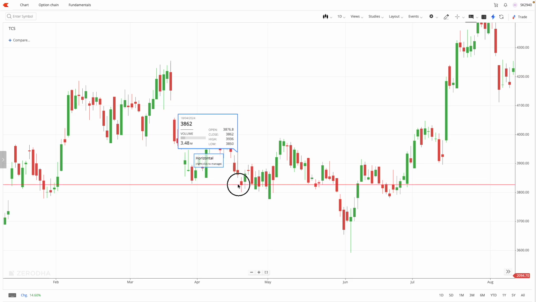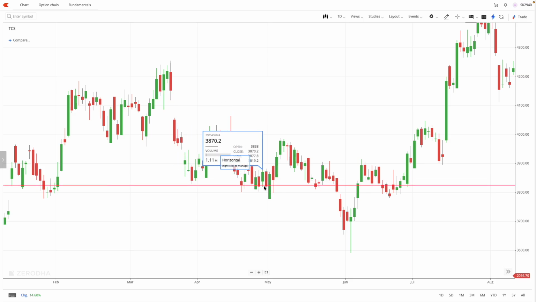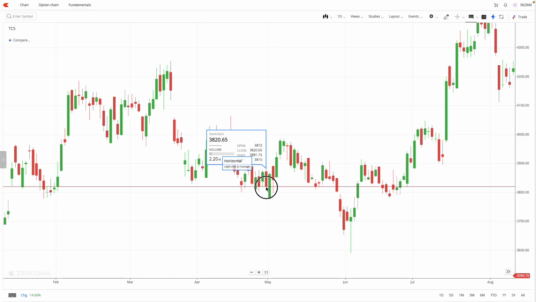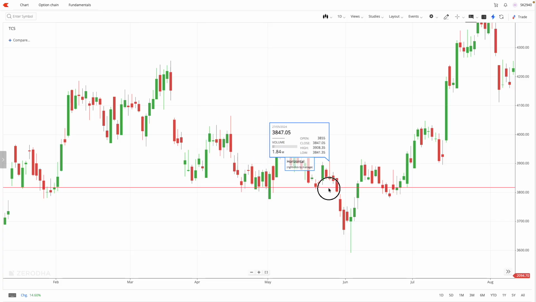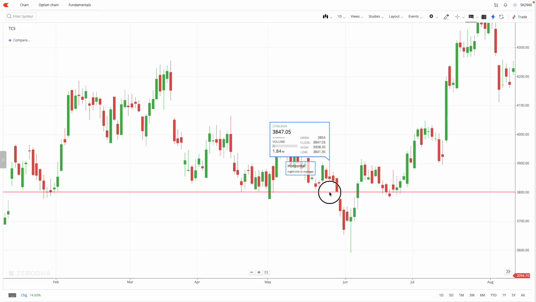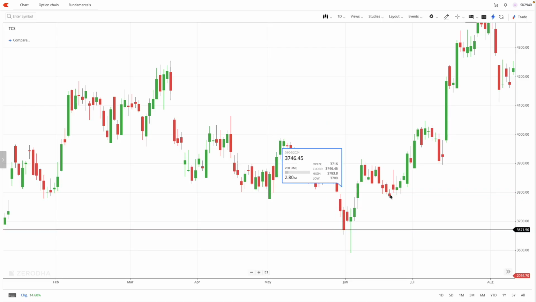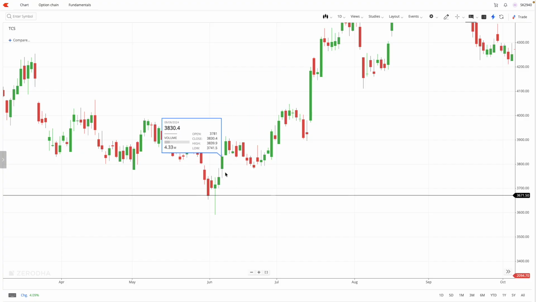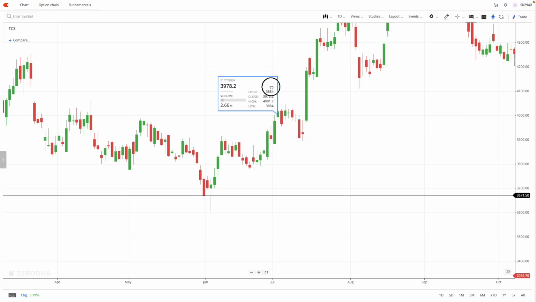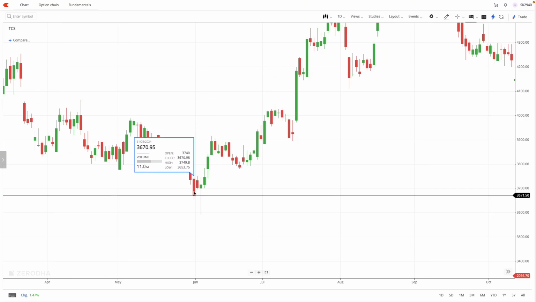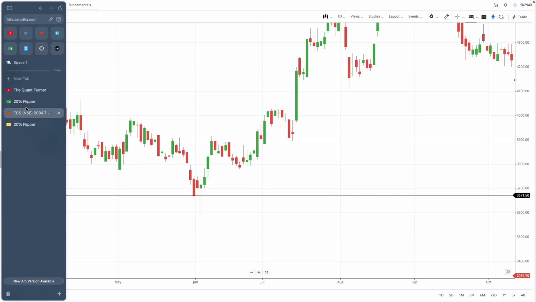There's one more low here, one more here, then you come here. So you found a low and the stock started moving upwards. What are we at? We are at 3670.95.